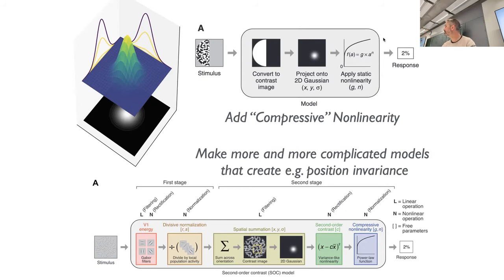And so we can take this simple model and make it more and more complicated, right? Here I'm just showing you two examples of how you can complicate things. We're going to talk about a specific computational principle called normalization later on in the course.